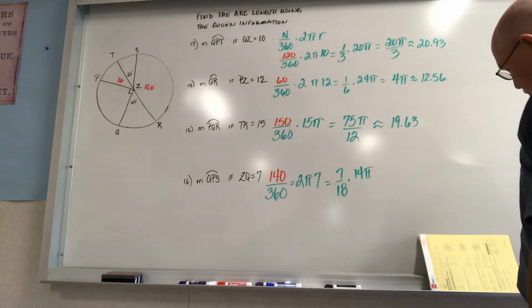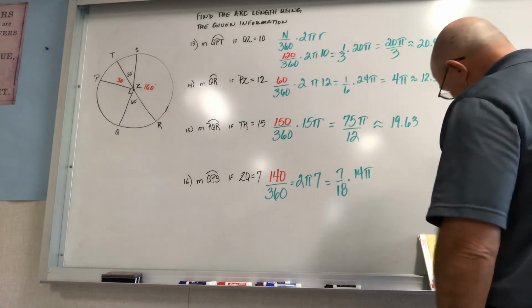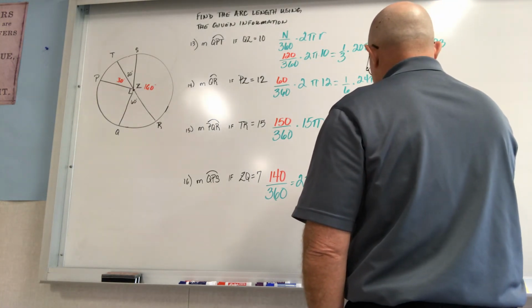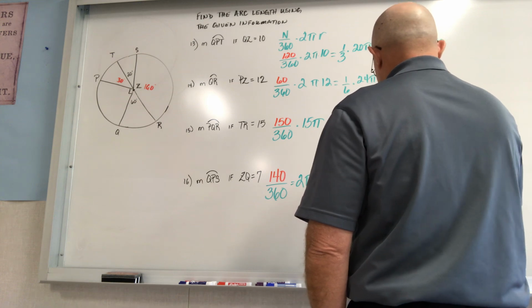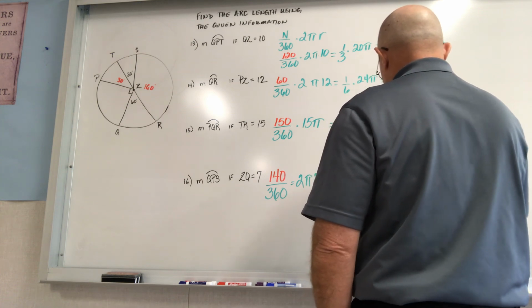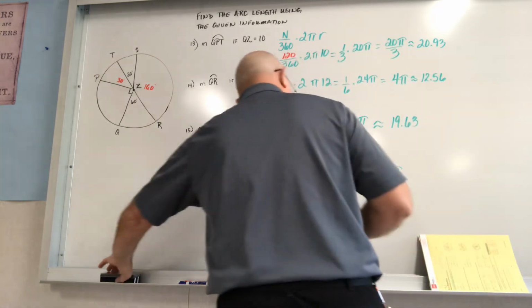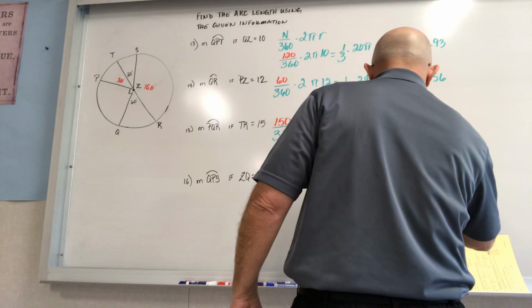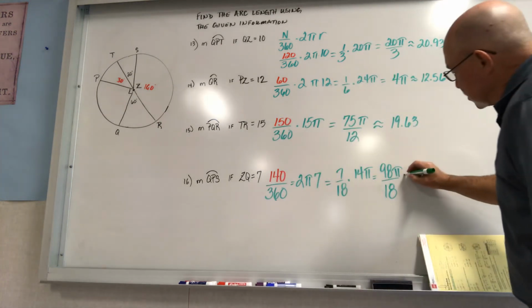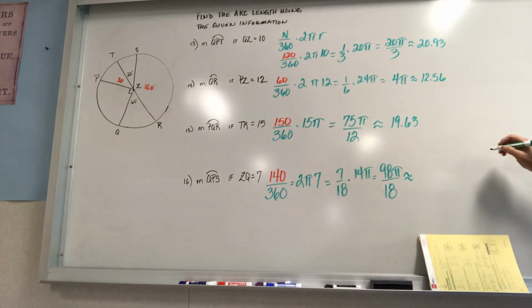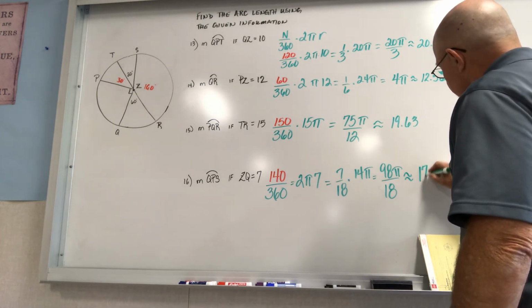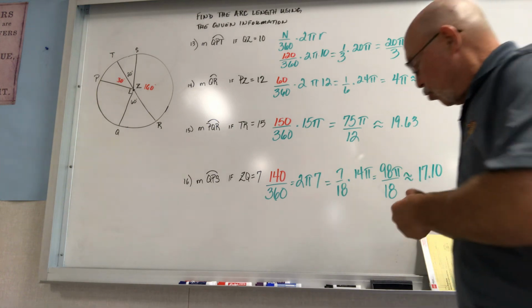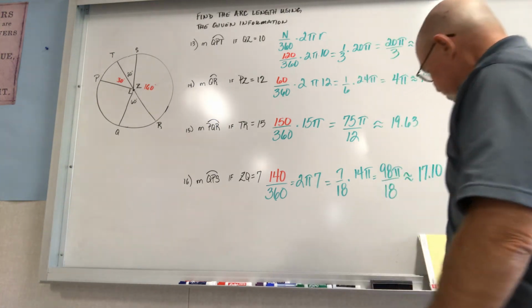We're going to end up with 98 over 18, and that's going to be approximately that, and that's what you're dealing with here.